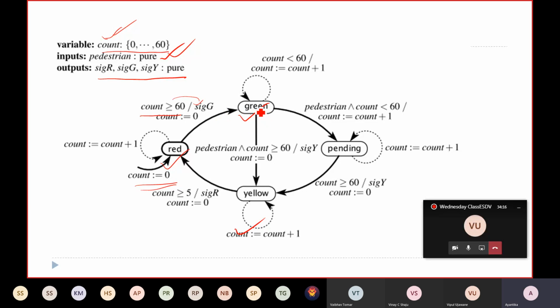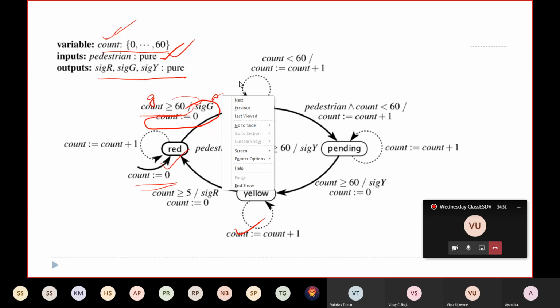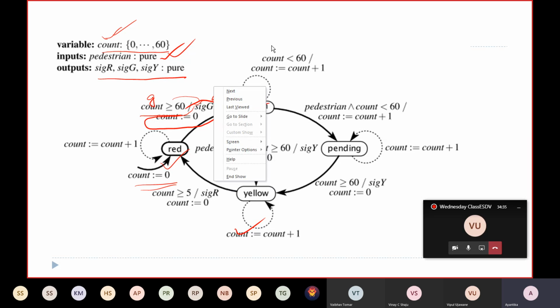When I am moving to state green, this part comes into my action. This is my guard, and this is my action. In the action part I am defining two things. One is which signal will be given next, that means which light will go on next.